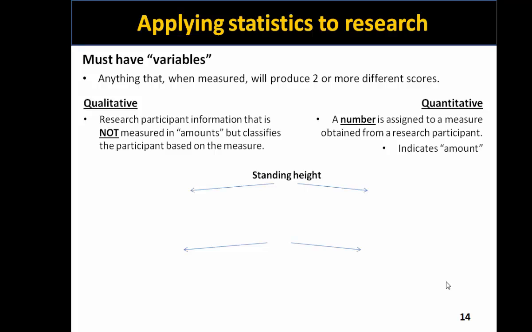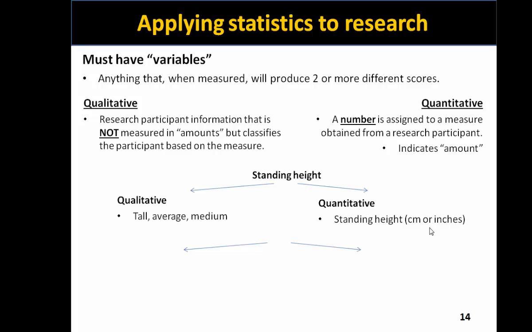If we wish to gain information on the standing height of students at the University of Guelph, we can take a quantitative approach, and we'll track height in units of centimeters or inches. But we could also describe height in qualitative terms.